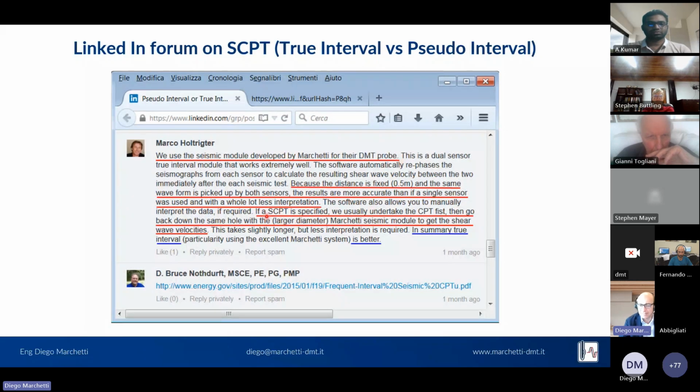And they said that when a seismic CPT is specified, they usually undertake the CPT first, and then they go back in the same hole with the larger diameter seismic module or SDMT to get the shear wave velocity. It takes slightly longer because you have to go up and down twice in the hole with the penetration, but less interpretation is required. So in summary, true interval is better.